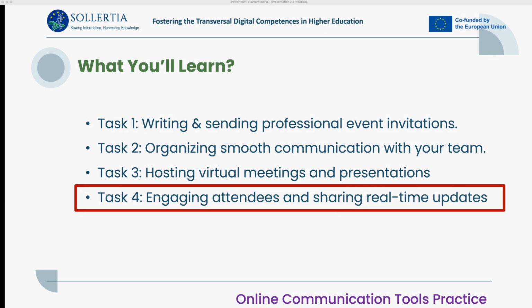Now let's start with task 4, engaging attendees and sharing real-time updates. We are going to use our own social media account on Facebook. It's very easy with Facebook to create an event page, a sort of landing page to connect with your audience. So let's dive in how we can do that.